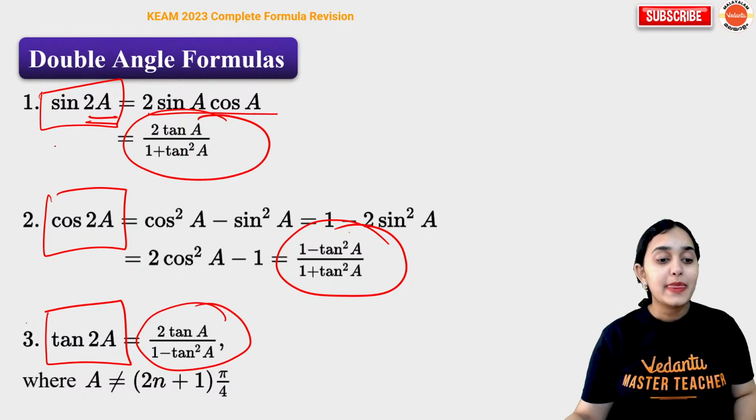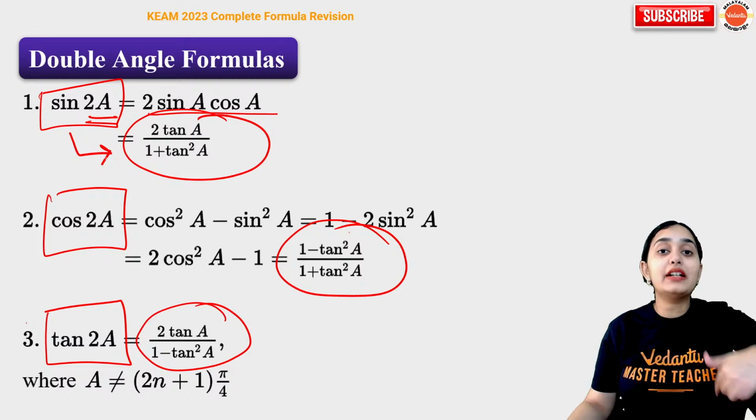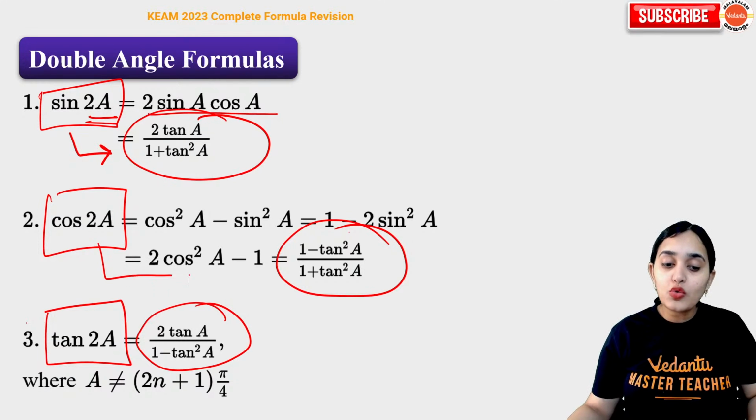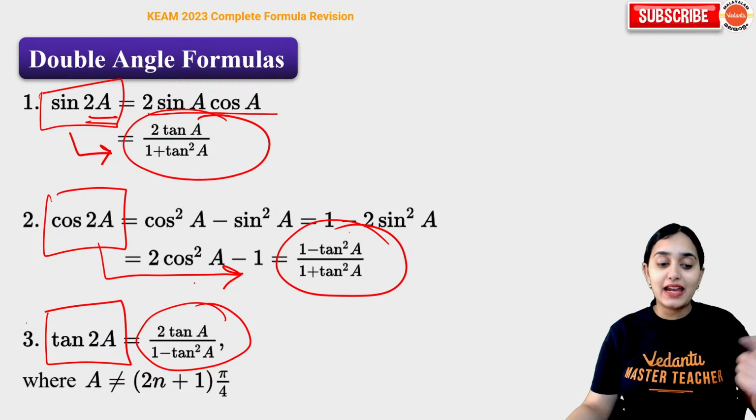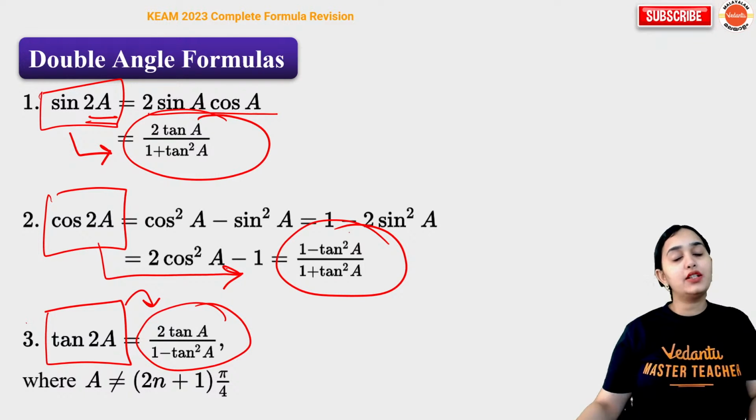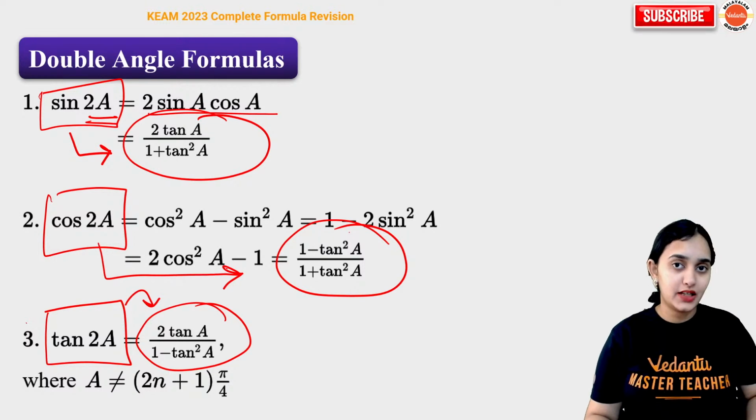So, remember, sine 2A can be converted into tan A, cos 2A can be converted into tan A, tan 2A can be converted into tan A. All of them can be converted.